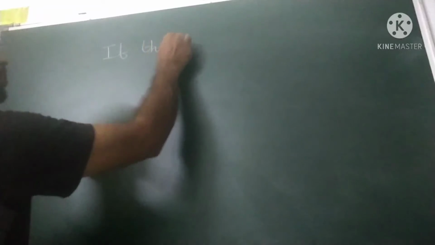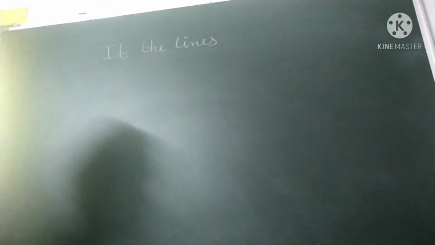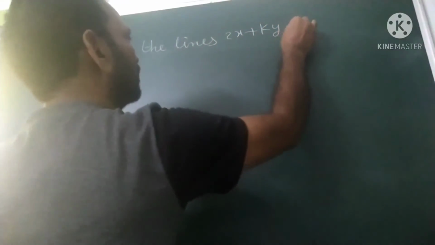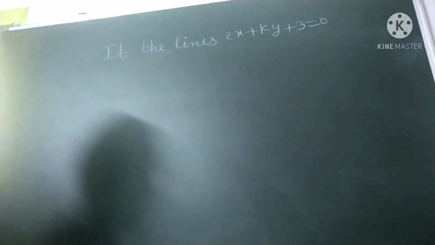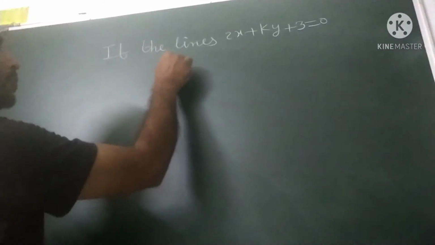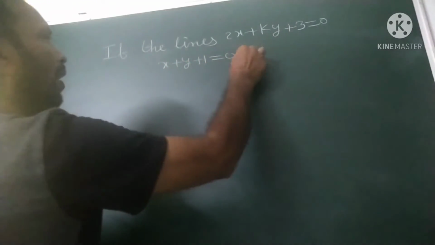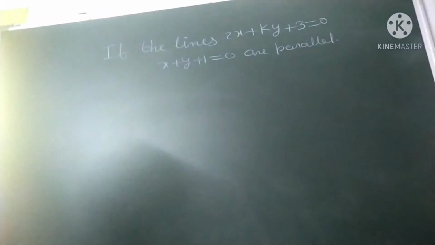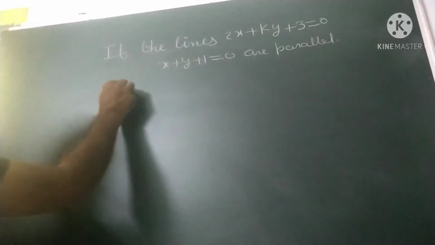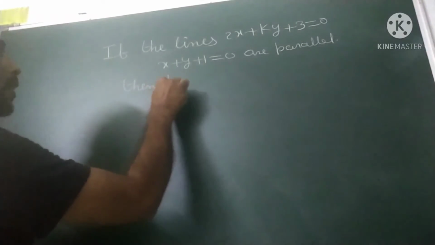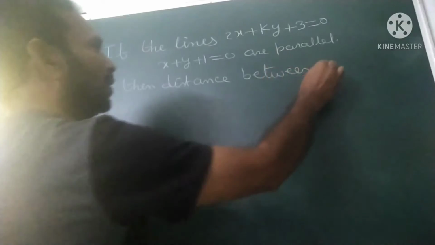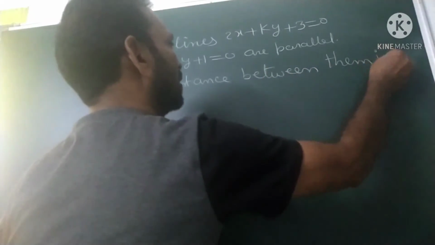If the lines 2x plus ky plus 3 is equal to 0 and x plus y plus 1 are parallel, then the distance between them is dash.